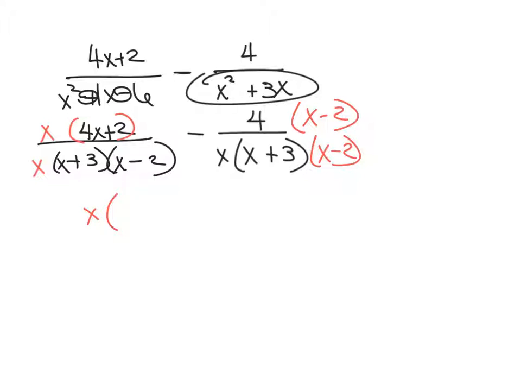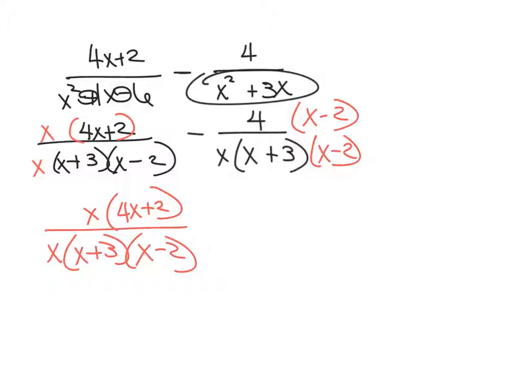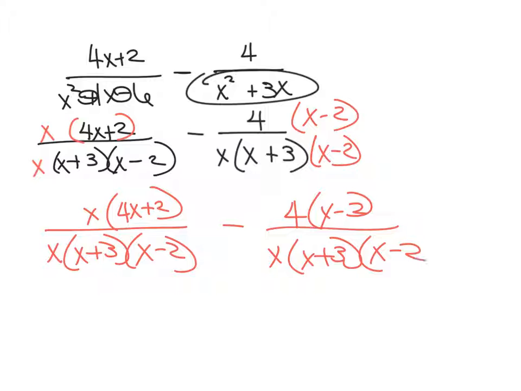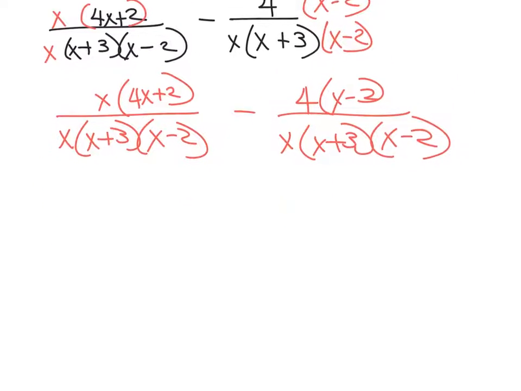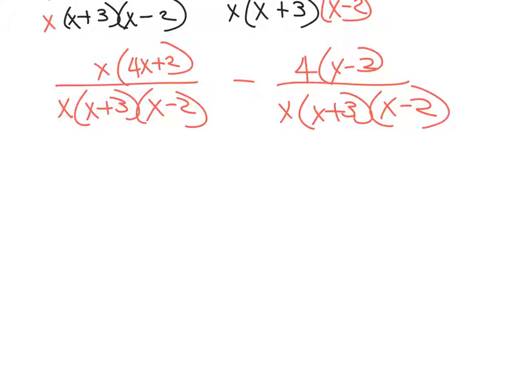So I've got x times 4x plus 2 over, minus, and notice now I have common denominators, right? Let's distribute the numbers on the top and not worry about the bottom.